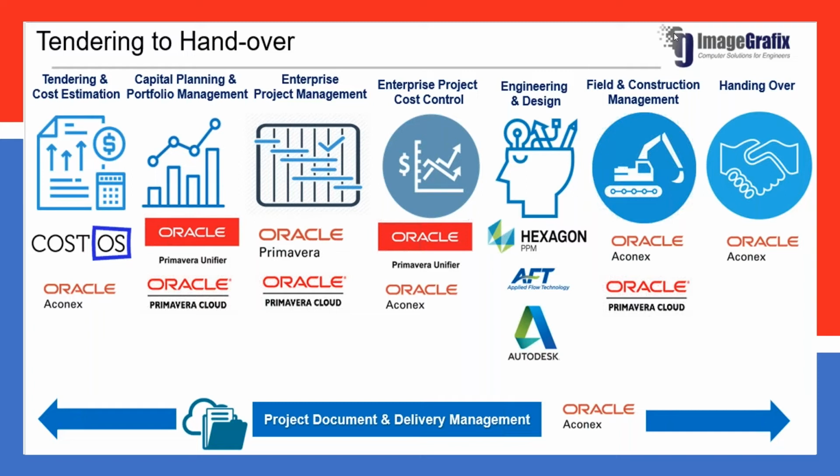For enterprise project management, Oracle Primavera P6 and Oracle Primavera Cloud. For project cost control, we have Unifier and Aconics. In engineering design, we have Hexagon products, AFT products, and Autodesk products. For field and construction management, we have Oracle Primavera Cloud and Oracle Aconics. Handing over is Oracle Aconics. The entire range of solutions has a common project document and delivery management, which is handled by Oracle Aconics.